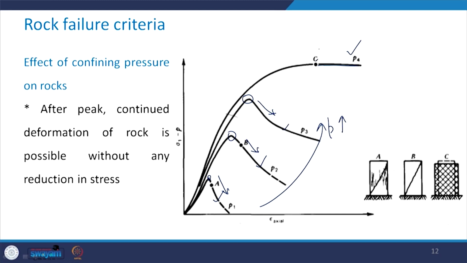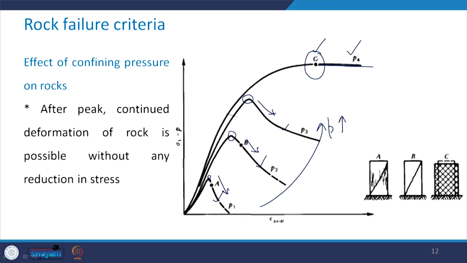So you see that this is after C. That means C is the point, kind of a peak, and beyond this, the continued deformation of the rock is possible without any reduction in the stress.